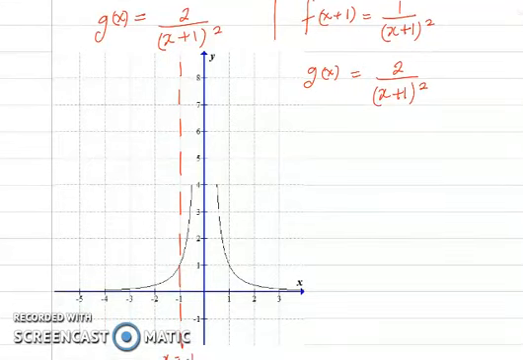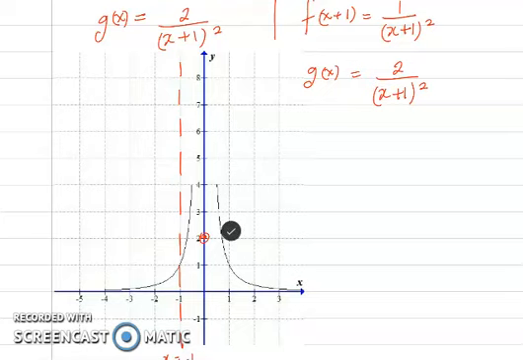Now, the point 1, 1: if I move it 1 unit to the left, it becomes 0, 1. If I stretch it parallel to the y-axis by a factor 2, I multiply the y coordinate, which is 1, by 2, and that point becomes the point 0, 2.